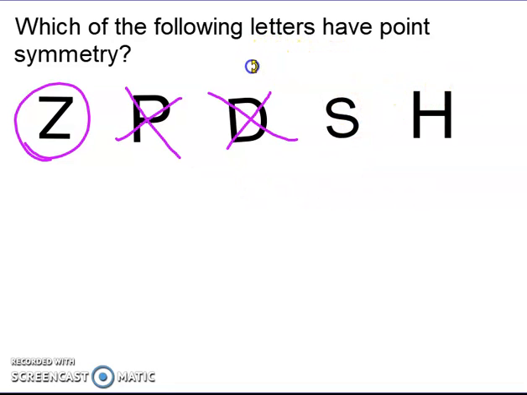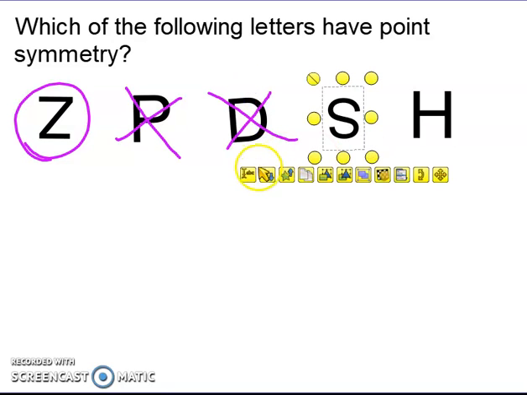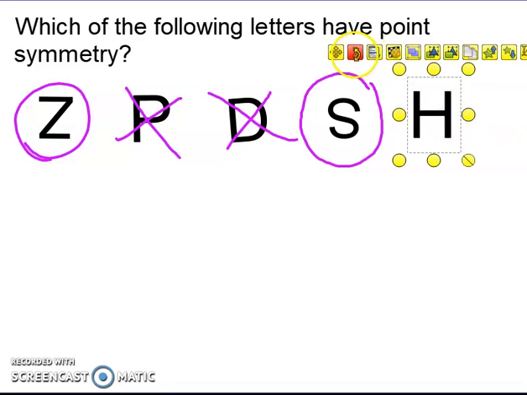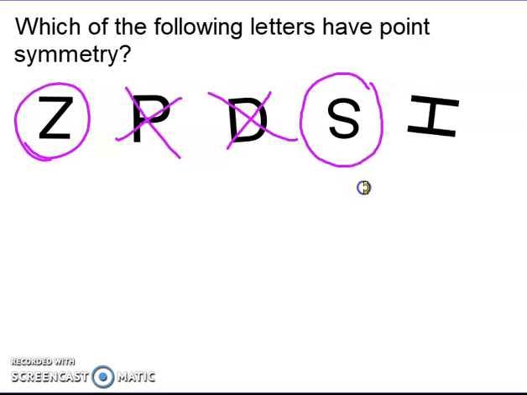If I take the letter S and rotate it, that looks like a letter S, and if you notice, my bars are at my bottom. So that means I rotated it halfway, and it made the S. So that does have point symmetry. My last letter, letter H, again, we're going to rotate it until we find a way.